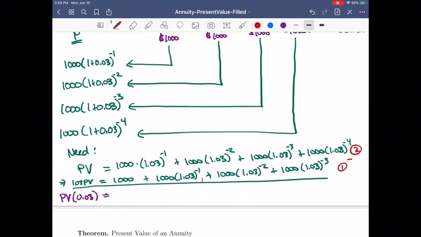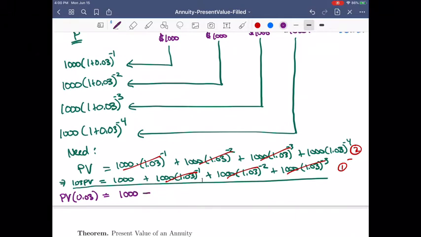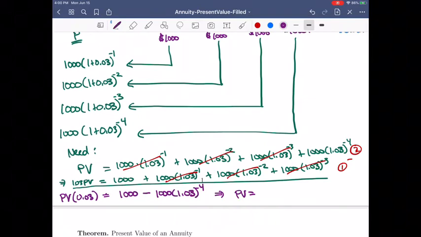And from this side, I'm again going to get a lot of canceling. Okay, so these two are going to cancel, the -2s are going to cancel, the -3s are going to cancel. And what I end up with is 1,000 minus 1,000 times 1.03 to the -4. So if I factor out the 1,000, similar to before, I get the 1,000 times 1 minus 1.03 to the -4, over 0.03.